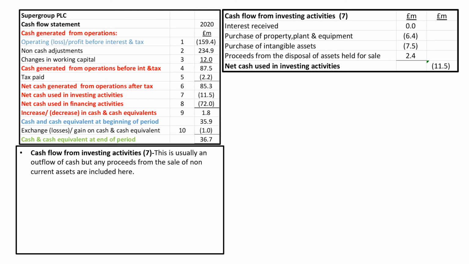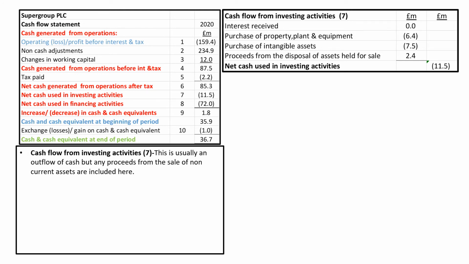In this slide, we will look at the cash flow from investing activities and the cash flow from financing activities. Let's look at the cash flow from investing activities, and this is usually an outflow of cash, but any proceeds from the sale of current assets are included in here.